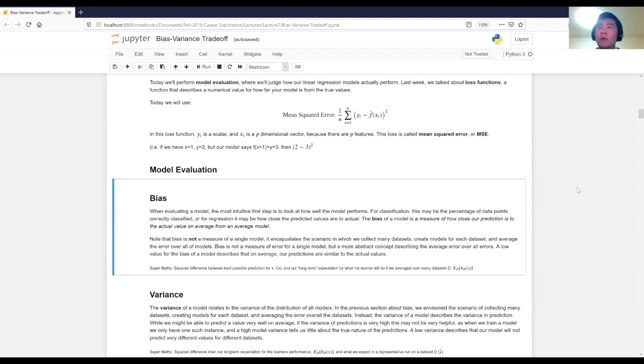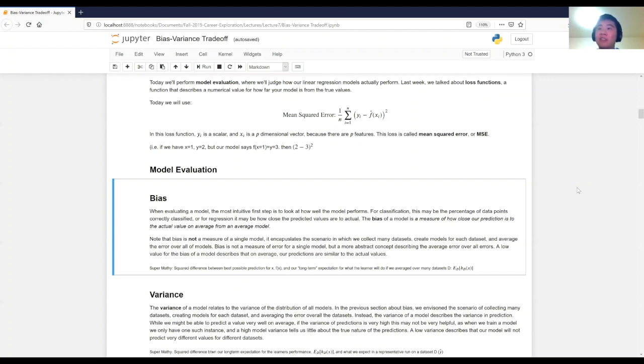One important thing to note here is that bias really only exists in the context of a set of models and their average. In other words, just because after you give a model a single data set and train on it, it has a difference between the predicted value and the true value, I can't really say that my model is biased.